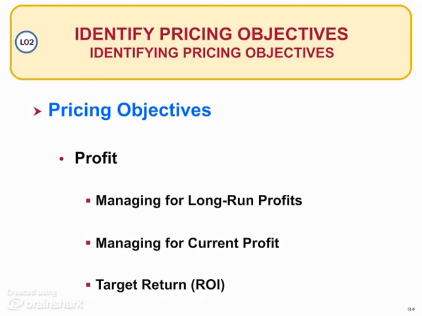Many of those should sound familiar to you because back in Chapter 2 on pages 30 and 31 when we talked about corporate goals, there are quite a few of them that line up. For example, profit, sales, market share, social responsibility. So pricing objectives frequently reflect corporate goals. It all has to support each other in order for it to be successful.